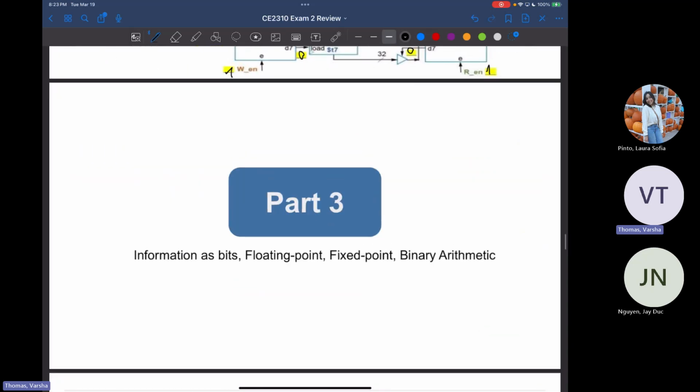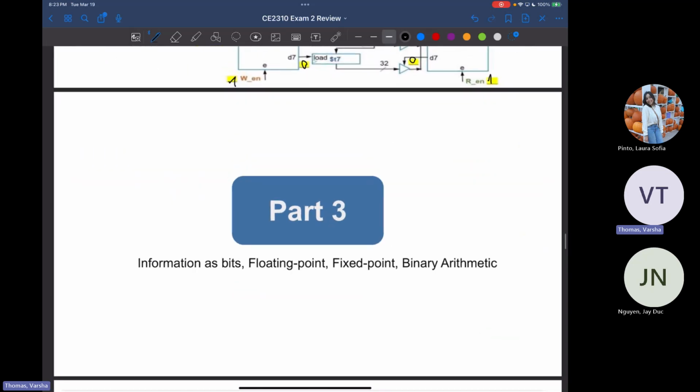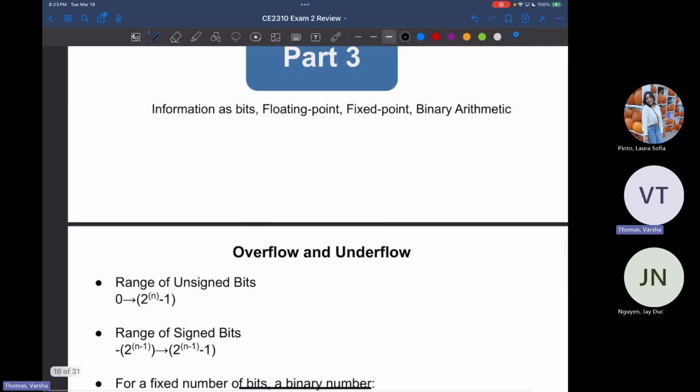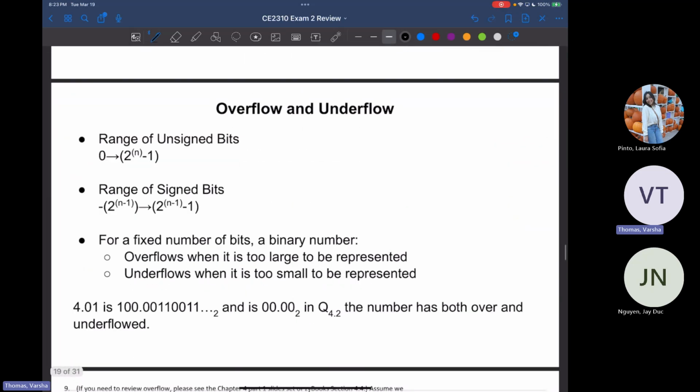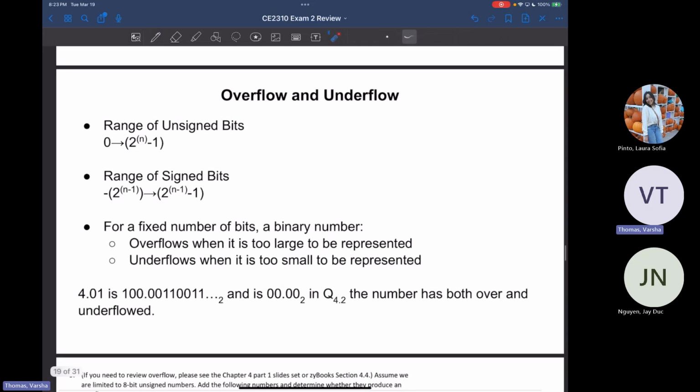Okay, so part 3 is going to cover some of the binary arithmetic stuff. Information as bits, floating point, and fixed point notation. As a reminder, you will have some questions about whether a number has overflowed or underflowed. And the way you can determine that is if it's within a certain range. When you have unsigned binary numbers, so anything that's positive, this is the formula that you would use to figure out what the range that you can represent is.